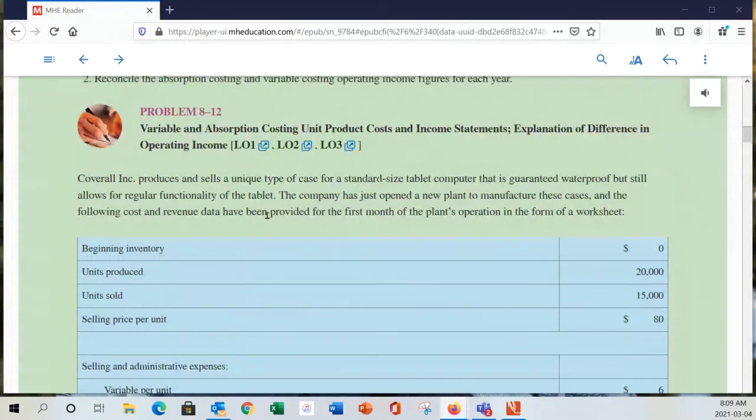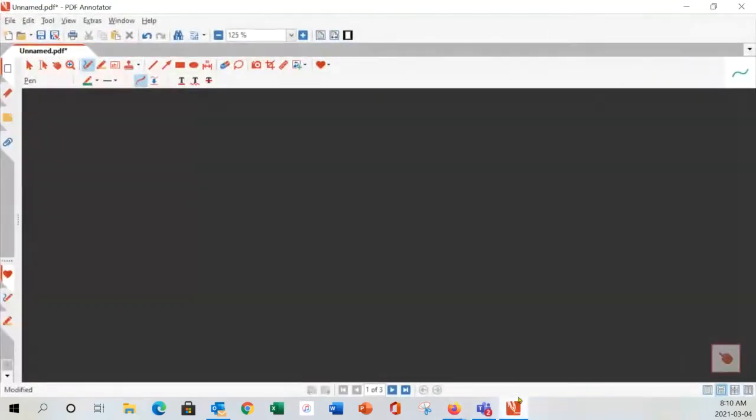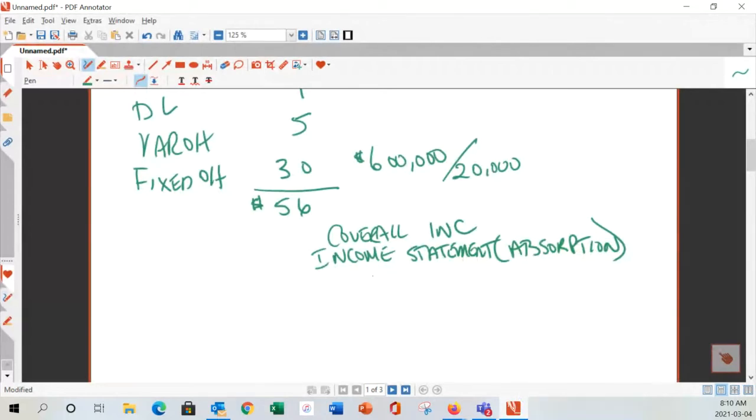And I don't know that it gives us much in terms of a date. Anyway, so selling price per unit $80, so we need that. And we sold 15,000 units. So we have, as our period ended, some period we don't know, a 1 month period, they just started.